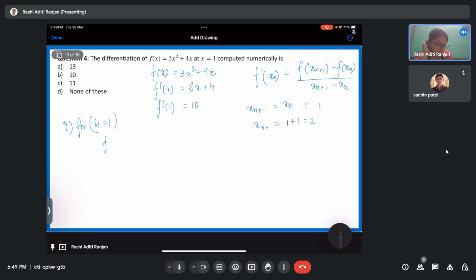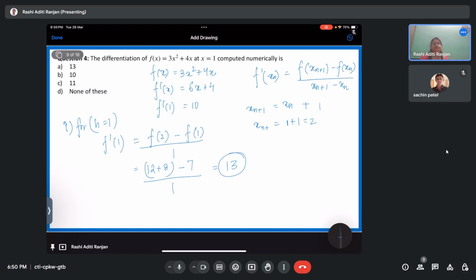I have my f dash at 1 as f at 2 minus f at 1 divided by 1. Now if you want to compute f at 2, what will its value be? 2 square, 4, 4 3 is 12, 12 plus I have 8, 12 plus 8 minus 7 divided by 1. What do I get? I get 13.